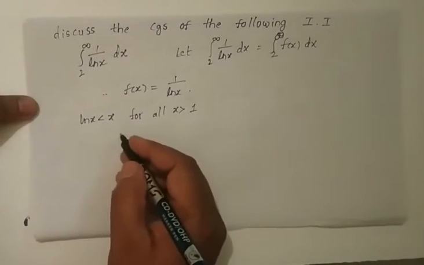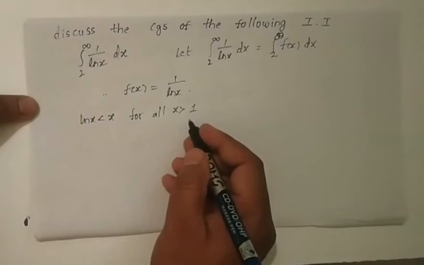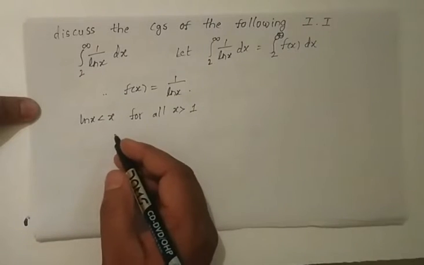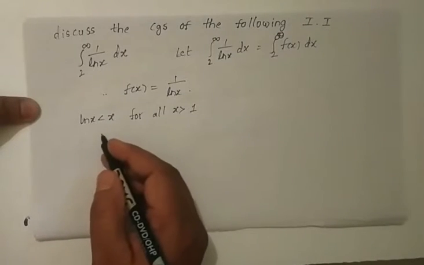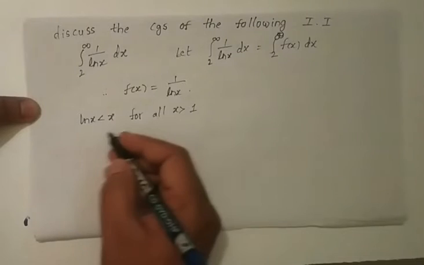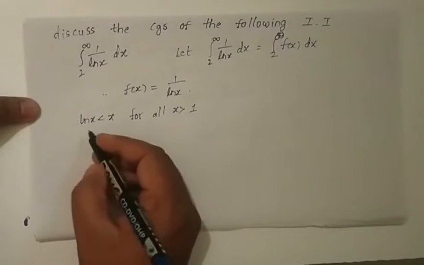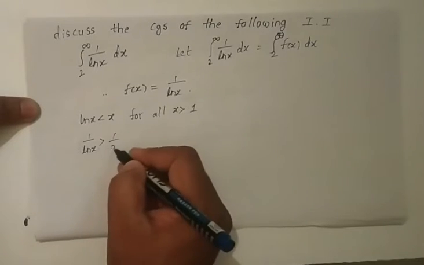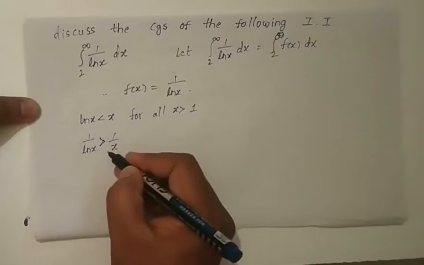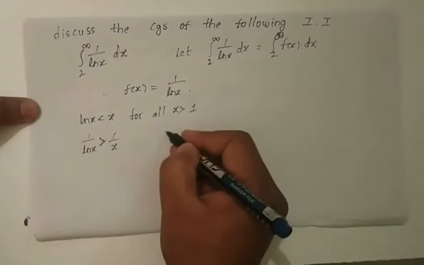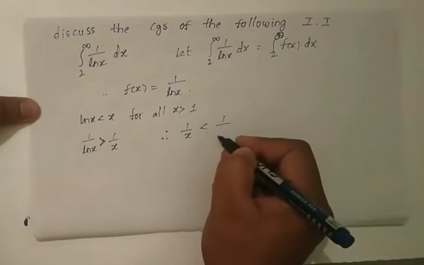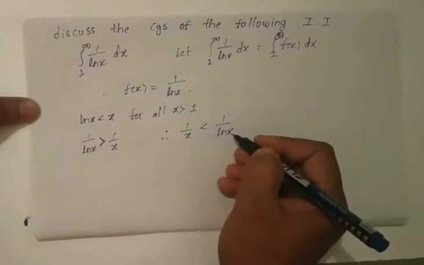So ln x less than x, therefore 1 by ln x is greater than 1 by x, that is, 1 by x is less than 1 by ln x.